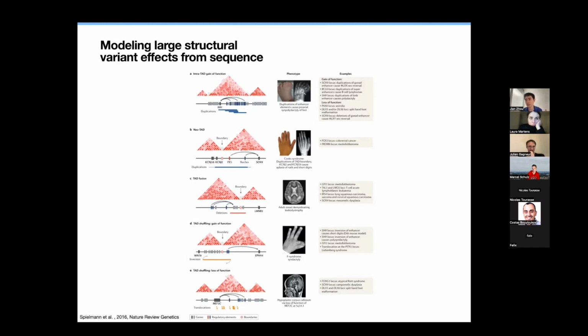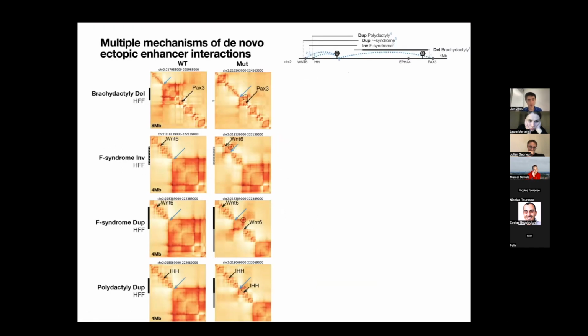But actually in all of those cases we see very good consistency between the prediction and the experiment. So I think it is already very usable to make predictions for structural variant effects when we don't have experimental data.